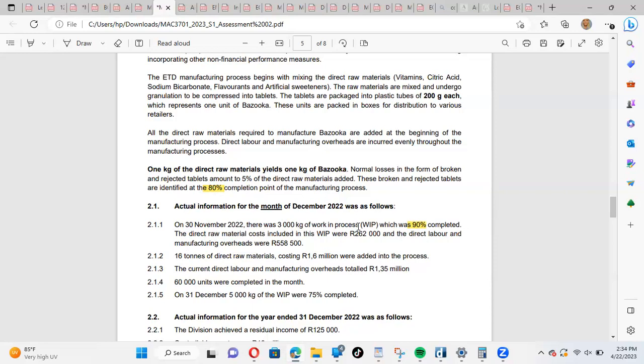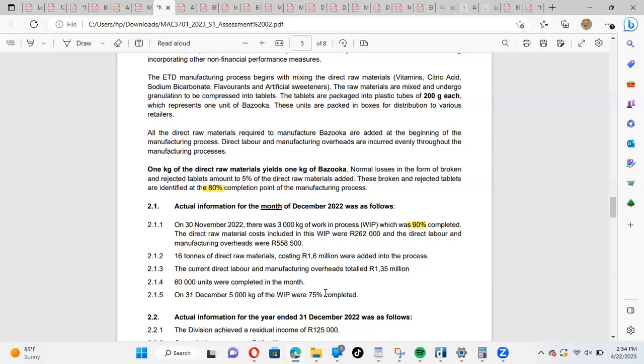Then we go again and look at our closing inventory. Let's assess our closing inventory. At the end of the period, our closing inventory is at 75% to completion. Has it gone past 80%? It has not gone past 80%, right?